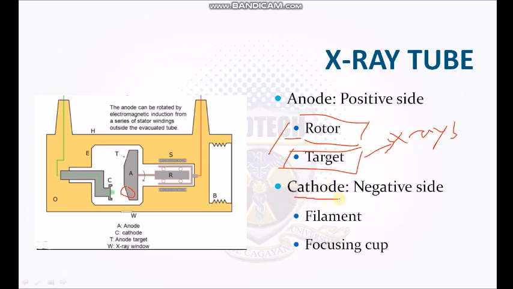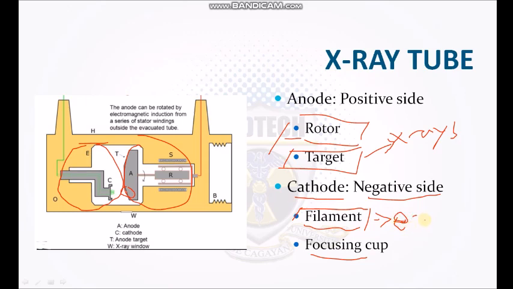And then you also have the cathode, that is the negative side of the X-ray tube. So we have here the negative side, kani siya. This is the cathode, and then this is the anode side. Okay, so the cathode side, two main parts. You have the filament and then the focusing cup. So the filament is where electrons will be coming from.